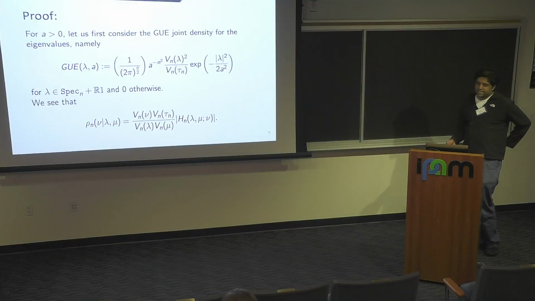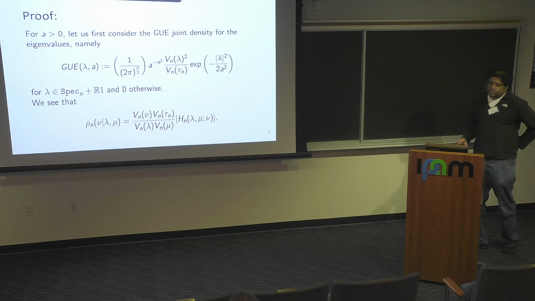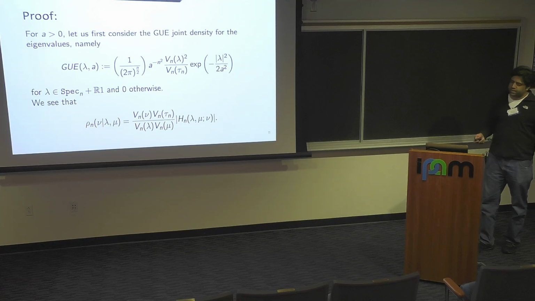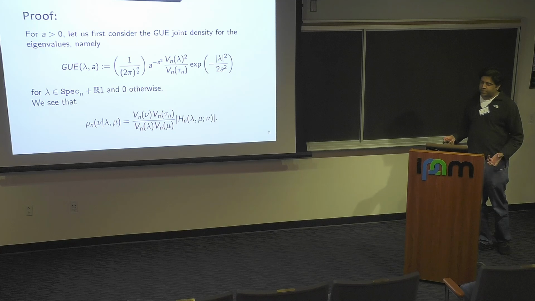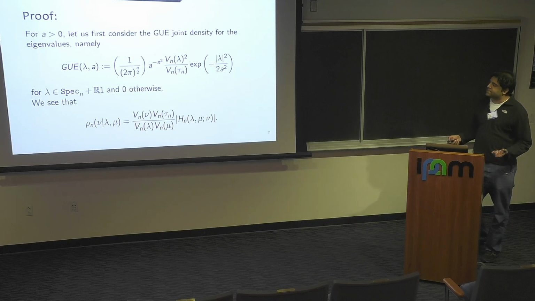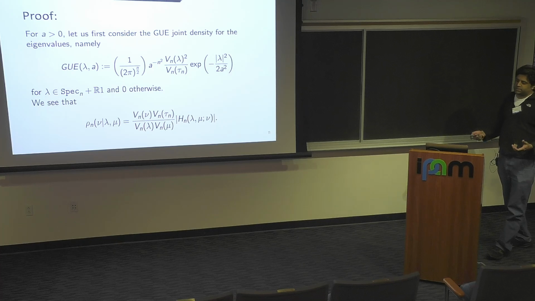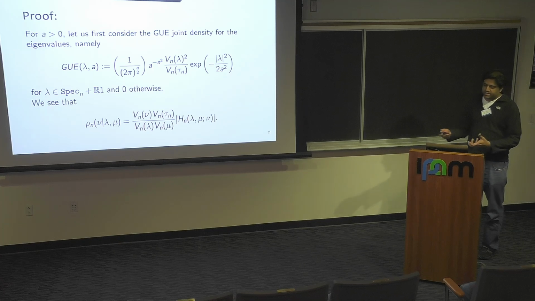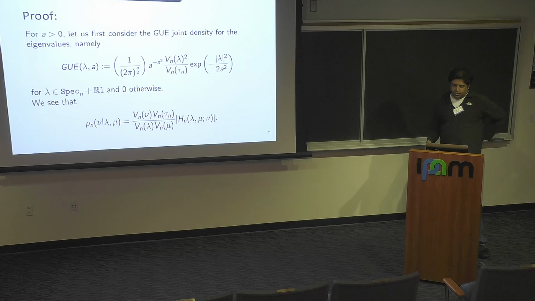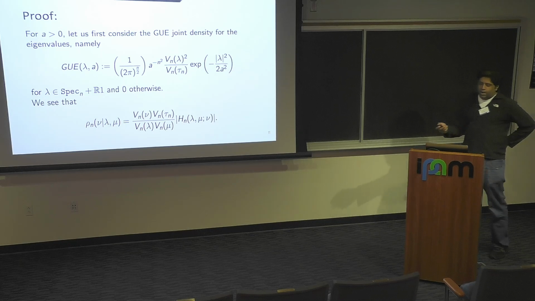So the proof is just by using this formula of Cucurella and Zubair and taking two GUEs with variance a and b, adding them, and basically doing the convolution and measuring what you get when you add two GUEs.